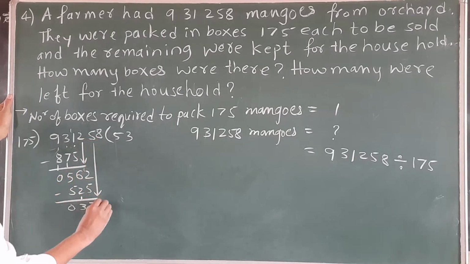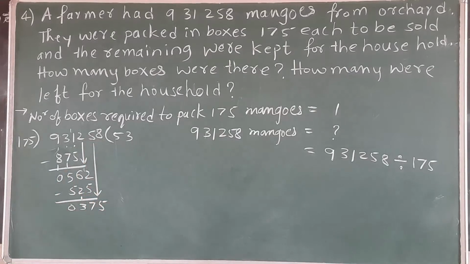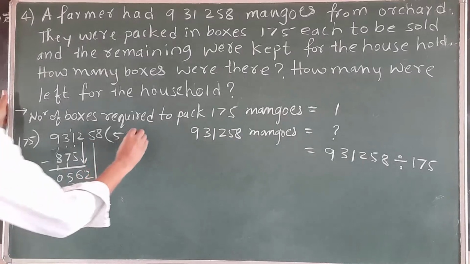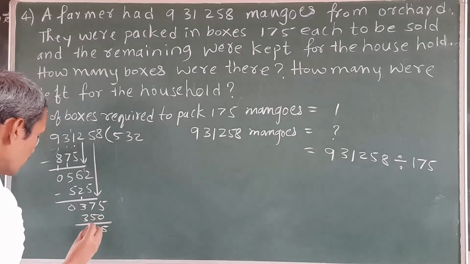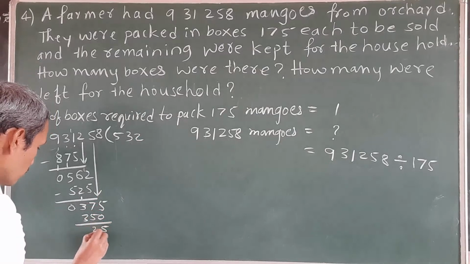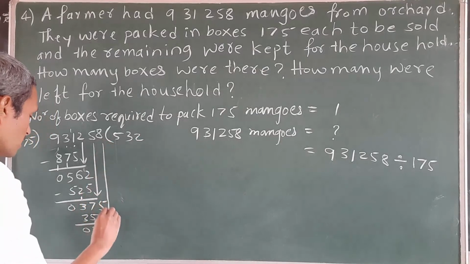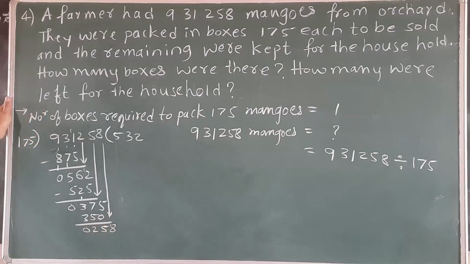Take the next one down, 375. Search for 375: 350 is there, 175 twos are 350. 5, this one is 2, 0. Take the last digit down right here, and it becomes 258.